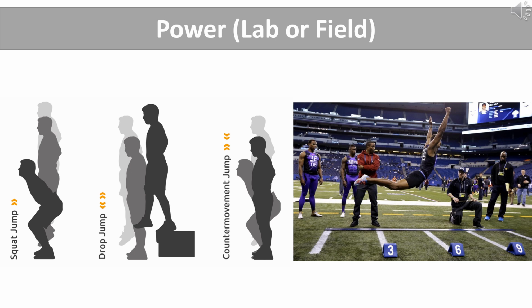So given our focus is on jump assessments, whilst there's an array of different jump tests that we can use, we're going to center most of our discussion over the next 8 to 10 slides around the squat jump, the drop jump, the counter movement jump, and the standing broad jump as well.